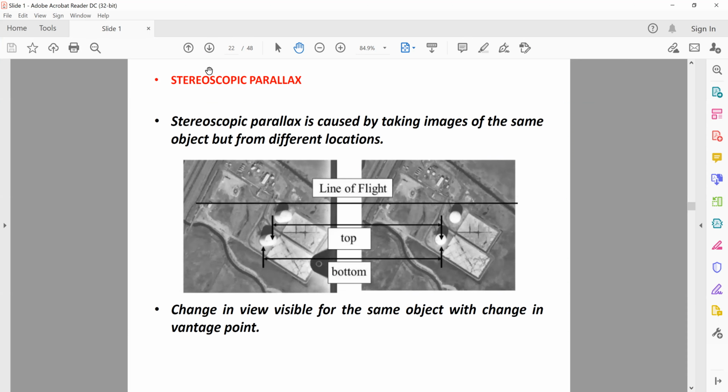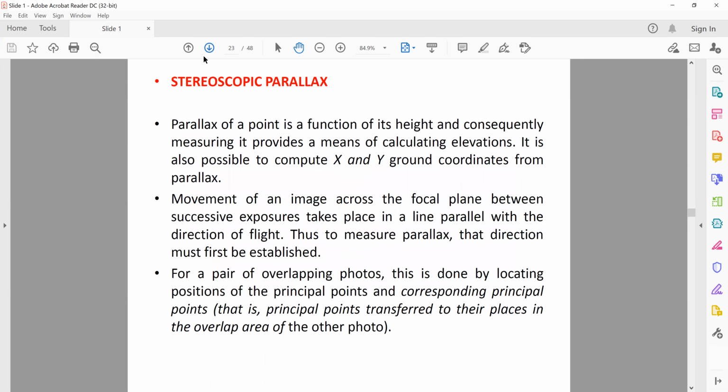Now, this parallax is a function of height. That means the more different the height of the object is, the more or less would be the movement in successive pictures. This property helps you in determining the height of the object because it's a function of the apparent movement on pictures.